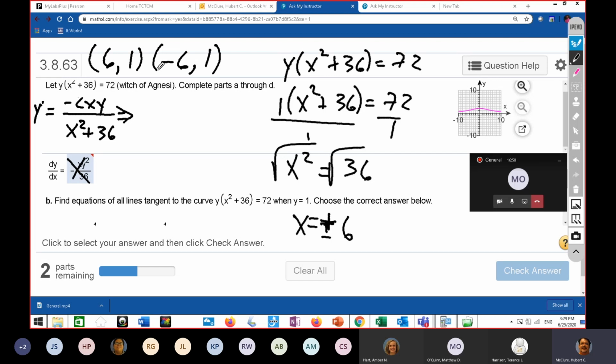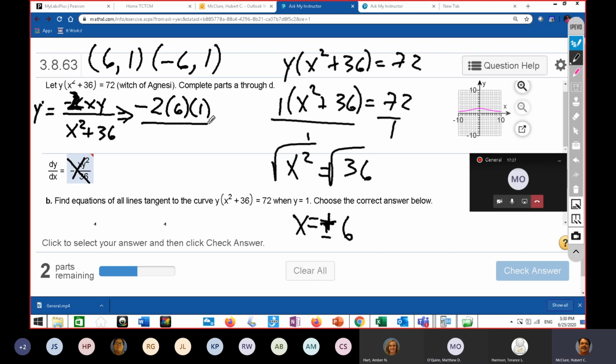And that's going to be negative 2. That's supposed to be a 2. Sorry. So negative 2 times 6 times 1 over 6 squared plus 36. Well, that gives you 72, won't it?